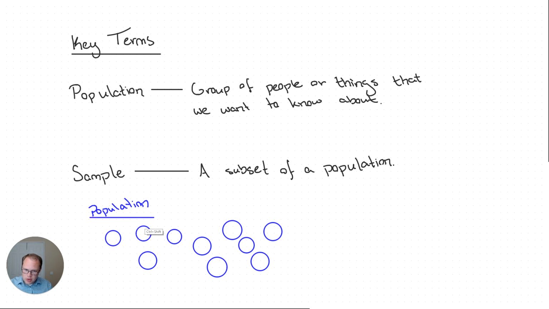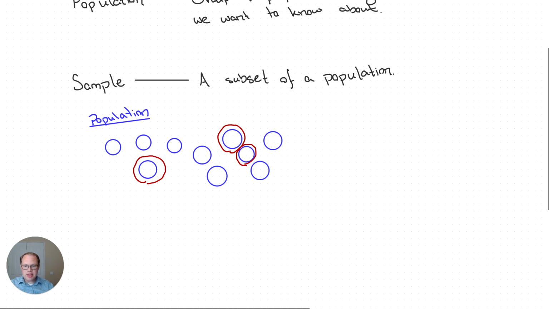Now, for whatever reason, we don't want to survey the whole population. So instead, we're going to gather a smaller sample. For our sample, we're only going to choose a few of these. Maybe we choose this circle, and maybe this circle, and maybe this circle. These become our sample. This is the group we actually study.